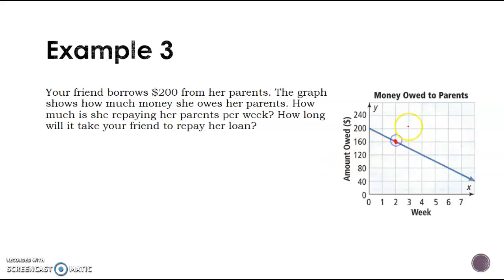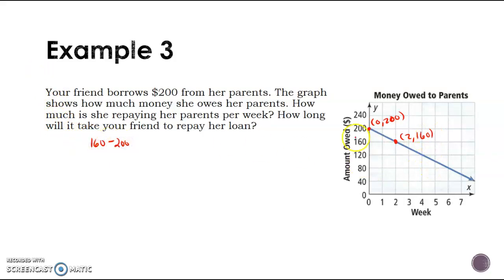And so I'm going to put a point here. That point is 2, 160. And then I'm gonna use our starting point, the fact that she borrowed $200 from her parents. Oops, not 220, just 200. All right, and then from here, I'm gonna find my slope, our rate of change, right? So we're gonna take 160 minus 200.